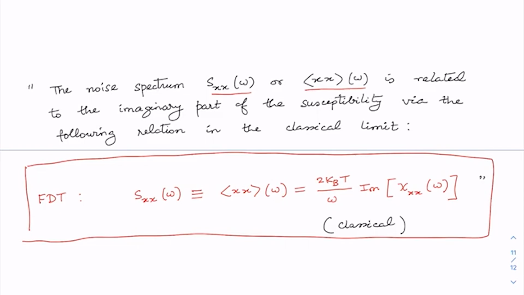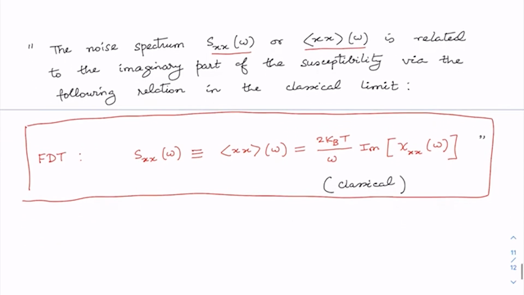For example, if you recall the polarization P that you encounter in electromagnetism, which is the electric dipole moment per unit volume in a dielectric, it arises due to the application of an electric field, and this polarization P is directly proportional to the external electric field that is applied.